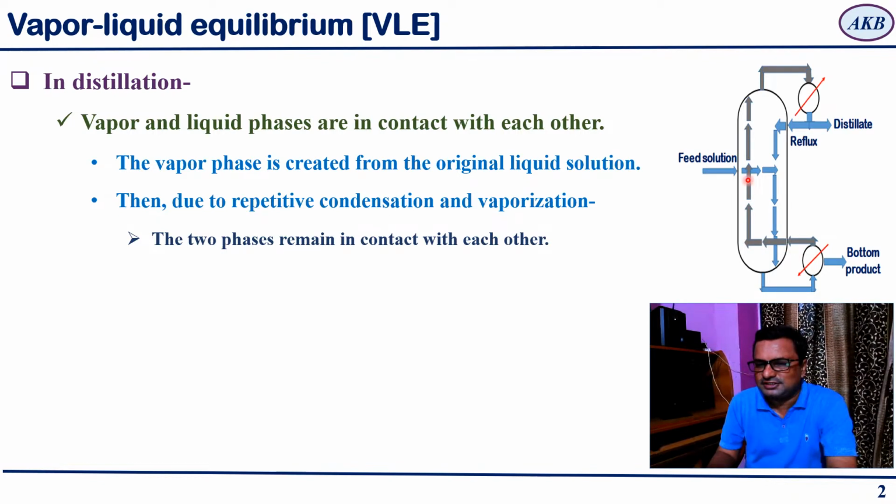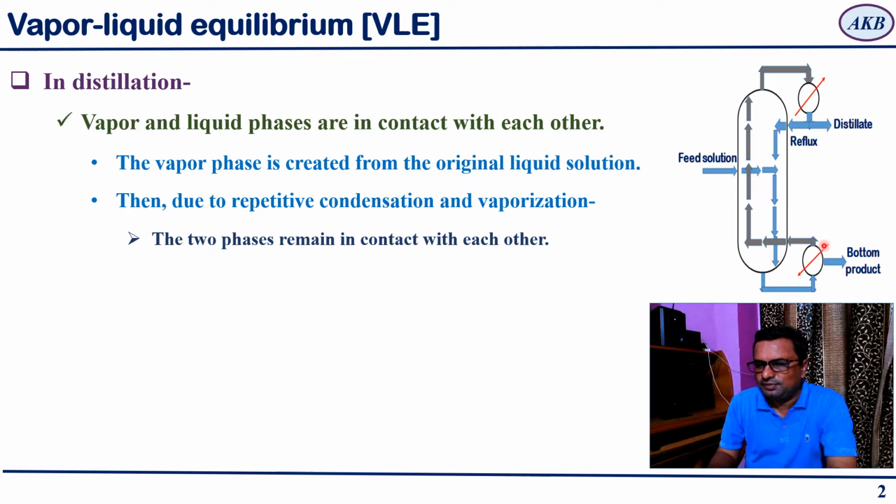The vapor phase rises through the column, and then it is taken out from the top and sent to the condenser. It is condensed. The resulting condensate is divided into two parts. One part is sent back to the column as reflux, while the other part is continuously removed as distillate. And the bottom product from the reboiler is continuously removed.